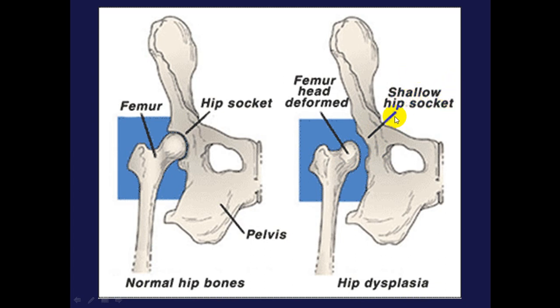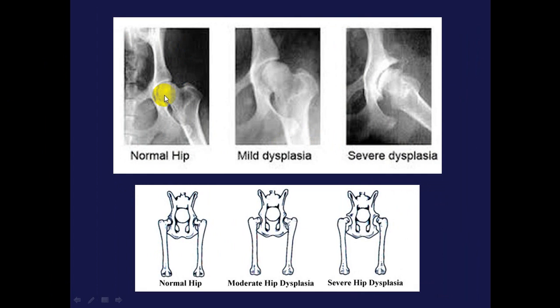It means that the socket is quite thin, and the femoral head cannot be fully inserted into the hip socket or acetabulum. It will cause a constant irritation that may lead to arthritis. For example, this is a normal hip.